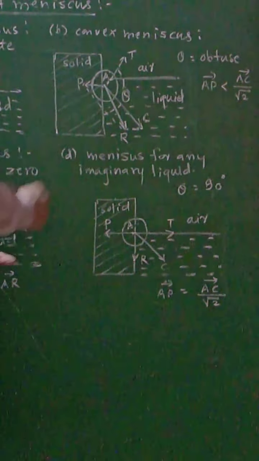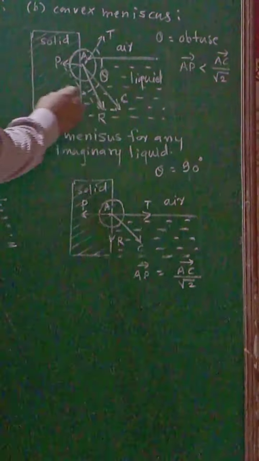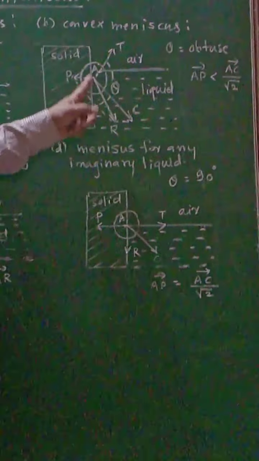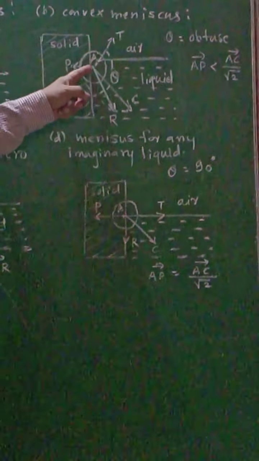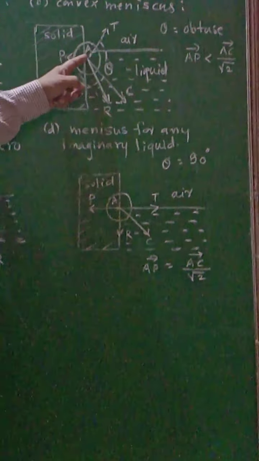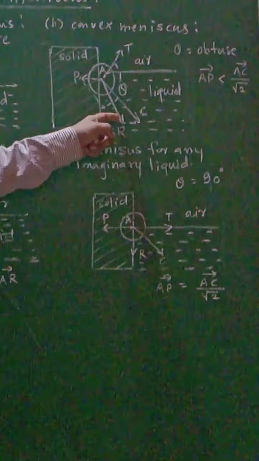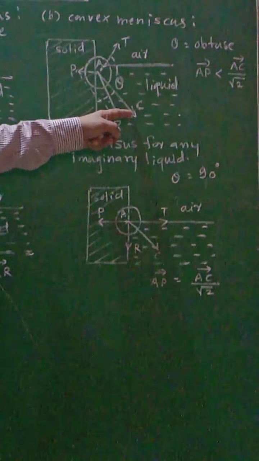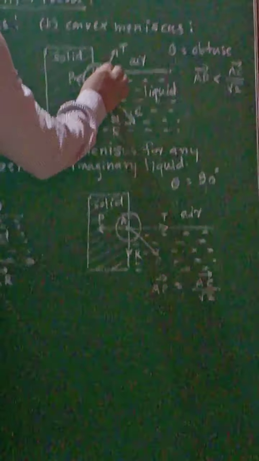Again, if you draw the parallelogram and its diagonal, then the resultant force AR will be directed inside the liquid. Similarly, this resultant force will act on all the molecules similar to A, so that these molecules will be pushed in the downward direction, they will be pulled inside the liquid, and hence a convex meniscus is attained here.